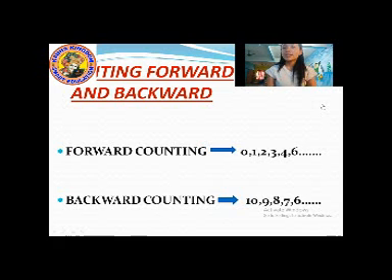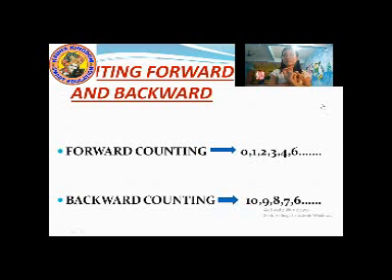In forward counting you count like 0, 1, 2, 3, 4, 5. Now in backward counting you have to count like 5, 4, 3, 2, 1, 0.